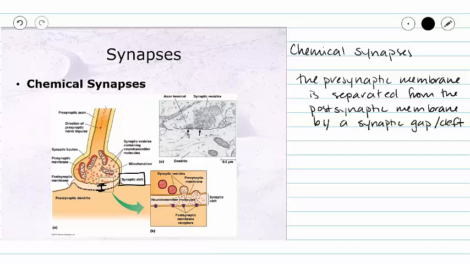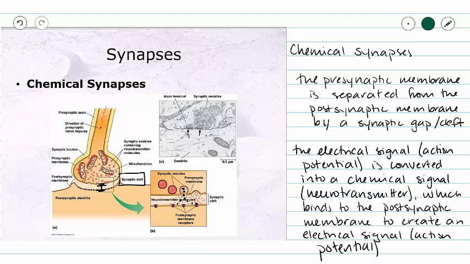Because we have a gap, we are going to need to send neurotransmitters across that gap so that our presynaptic cell can communicate with our postsynaptic cell.